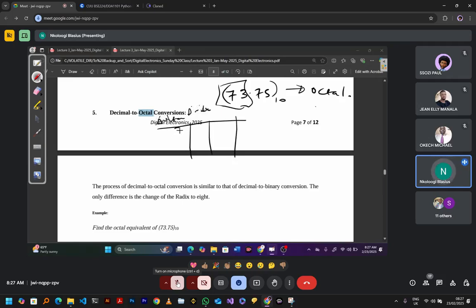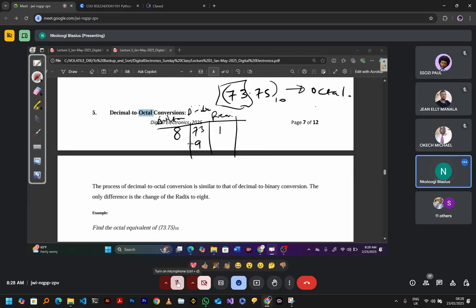The divisor is always the base number, base 8. Then the remainder is what you're going to be storing here. So you have 73 here. 73 divided by 8, you have a 9 here. And 9 times 8 will give you a remainder of 1 here.